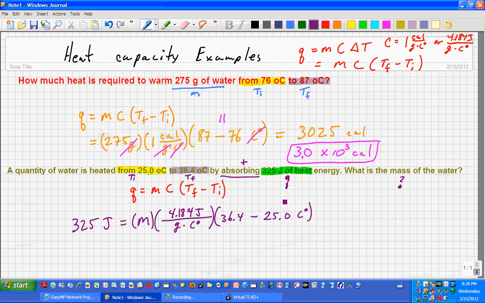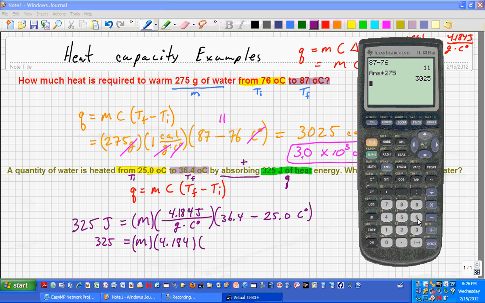Doing this, I'd probably go ahead and subtract this first, like I didn't do before. So I'm going to get 325. I know it's joules. All my units are going to work out, so I'll put the final units back in at the end, times M times 4.184 times, I've got 36.4, what is that, 11.4? 36.4 minus 25, yeah, 11.4.